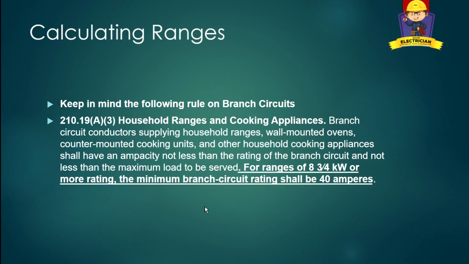Now, it might be larger, but the minimum branch circuit rating shall be 40 amperes. That is a very good exam question. It really throws people up a lot. So don't forget 210.19(A)(3).